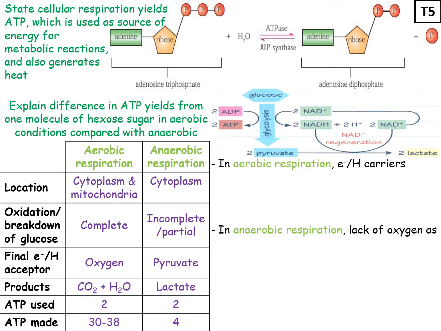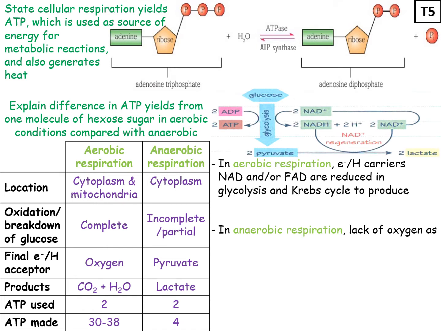So you can see there's a big difference in the amount of ATP that is made comparing aerobic and anaerobic respiration. In both, the electron carriers NAD and FAD are reduced in glycolysis and the Krebs cycle, and the whole purpose of reducing them is to then produce many ATP molecules in oxidative phosphorylation.